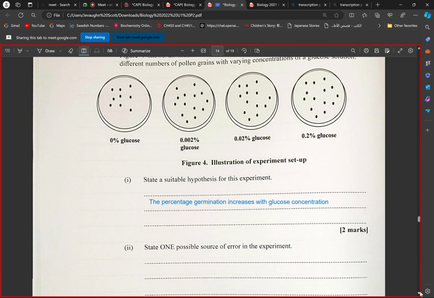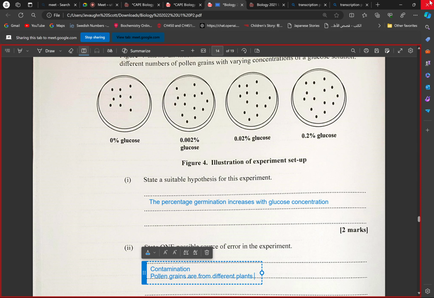Sir, could we also have contamination in the petri dishes? So we have some amount of contamination that could affect the results. Even if the pollen grains are from the same species, if they are from different plants, that could cause an error.